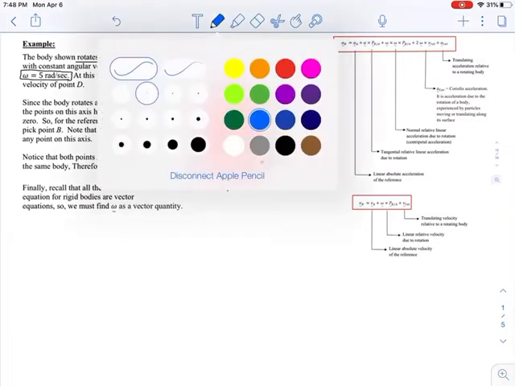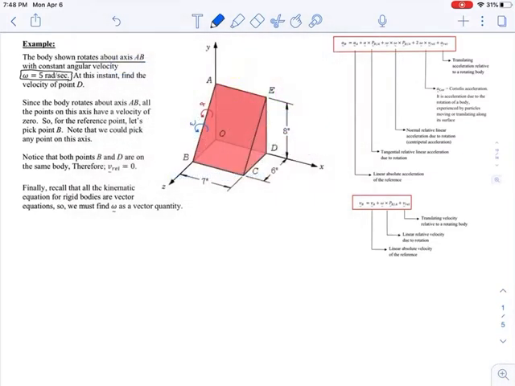It's also important to keep in mind that the vector for the angular velocity is always going to be perpendicular to the plane of rotation.